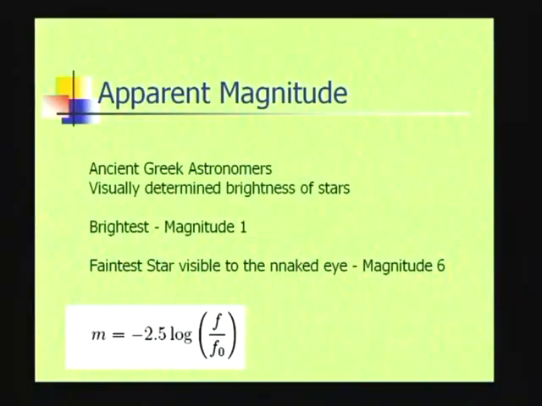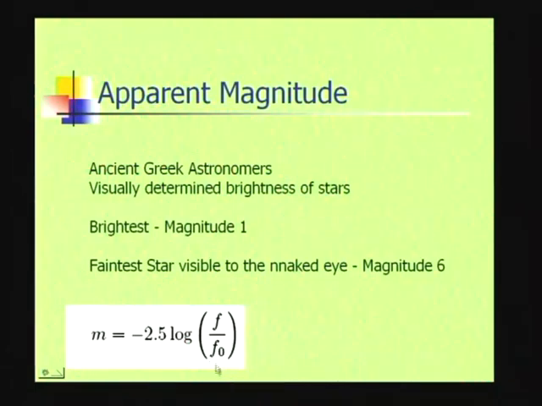Okay, so the eye, it turned out, had a logarithmic response, and people retained this magnitude scale. So the magnitude was defined to be minus 2.5 log base 10 of the flux from the source divided by some value f0.